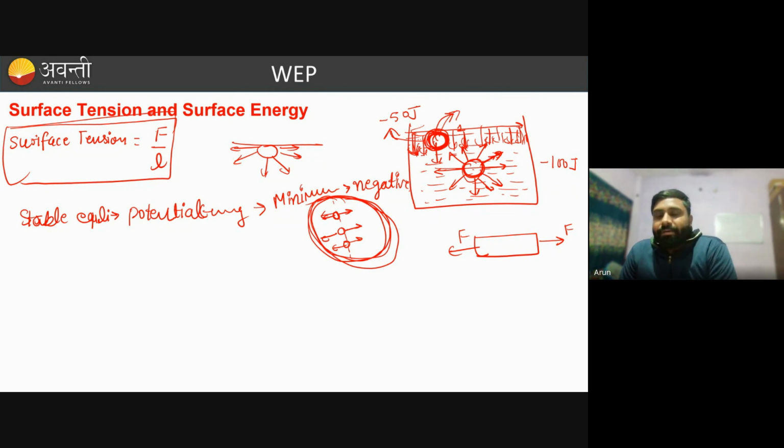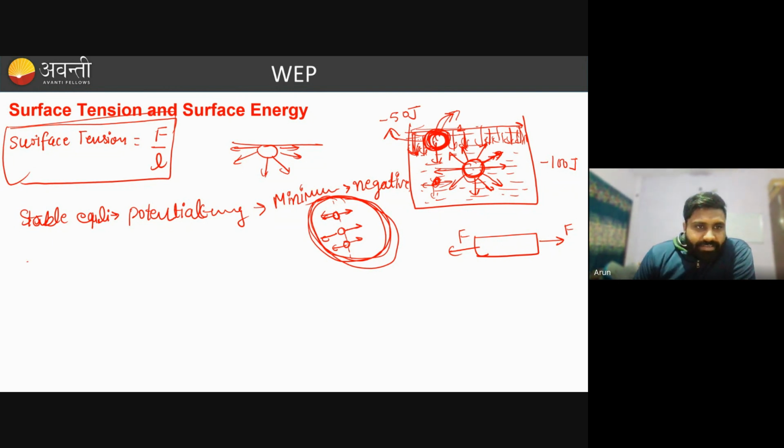That energy is termed the surface energy, because this energy is only possible because of the surface. If it is not at the surface but inside the liquid, it will not have the same energy. So this difference of energy is termed the surface energy.